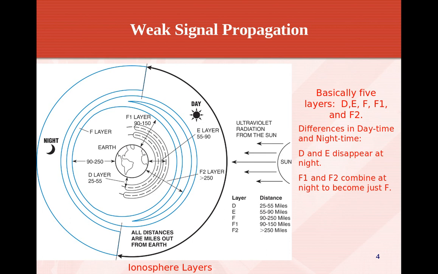During nighttime, those layers kind of shrink and all combine into the F layer and F1 layer. They just combine and become F. D and E disappear at night. And that's because of the sun. The ultraviolet radiation from the sun increases activity in the ionosphere.